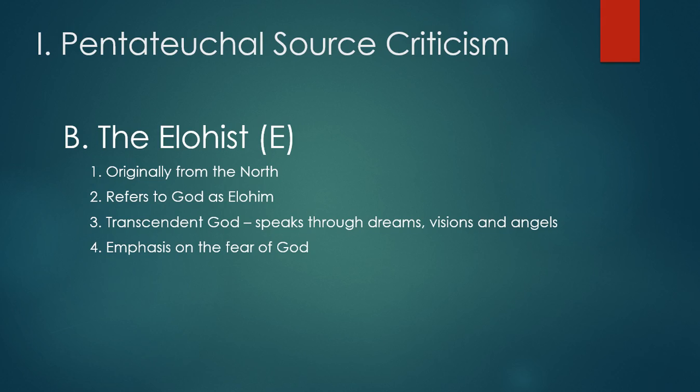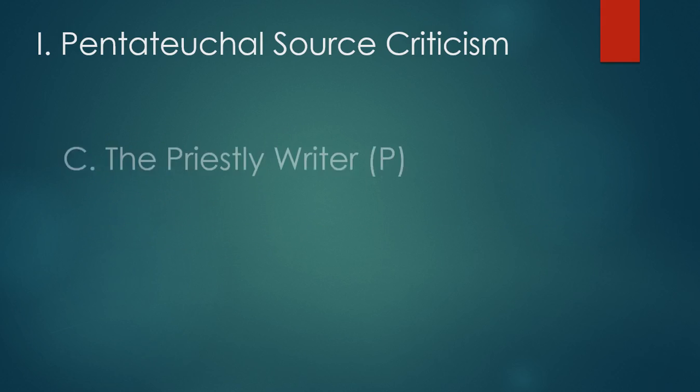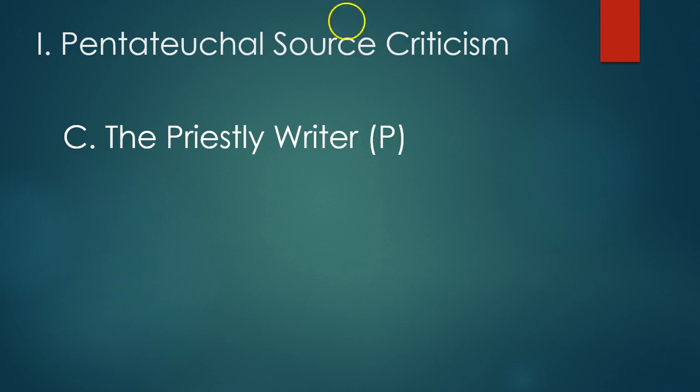The next source that Wellhausen is going to identify is somebody called the priestly writer, which he calls P. P for priestly. As you can probably surmise from the name, he is going to talk about a lot of things that would have been of concern to the priests.